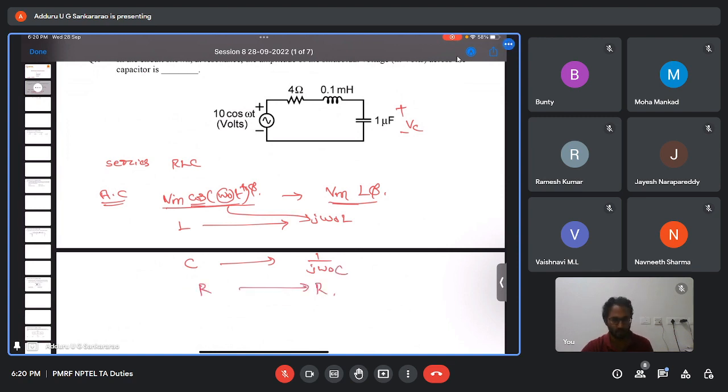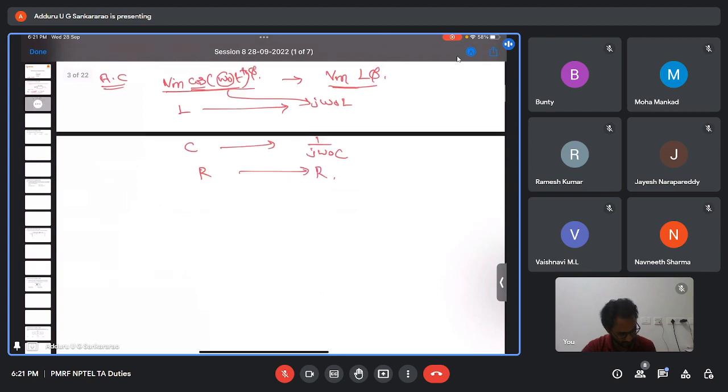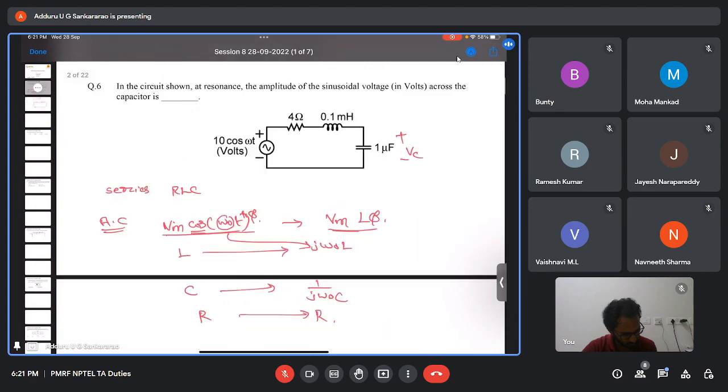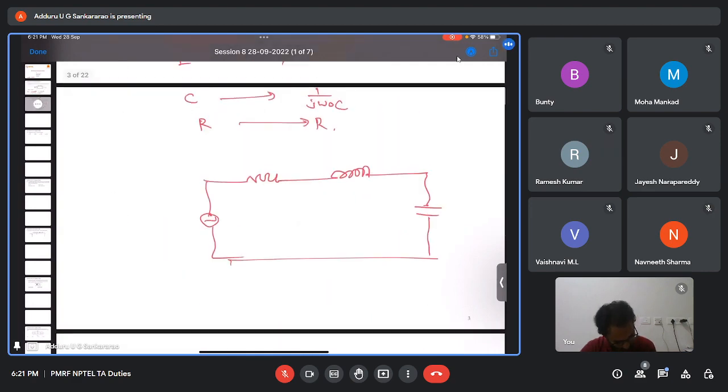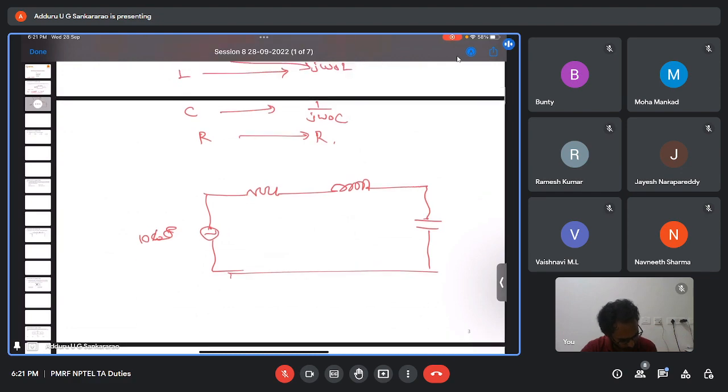In phasor domain, that much representation is not required for this problem, but still I'm writing it like this. So our circuit: 10 cos omega t, so I'm writing 10 at an angle of 0 degrees, this is 4 ohm.